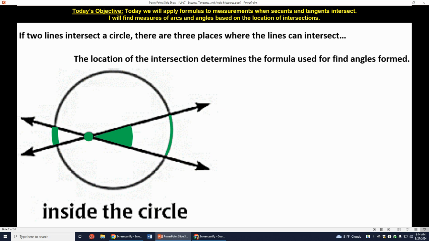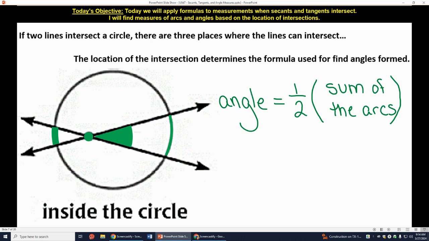We need to use both of those arcs in our formula. Our formula will be: the angle will equal 1/2 the sum of the 2 intercepted arcs.